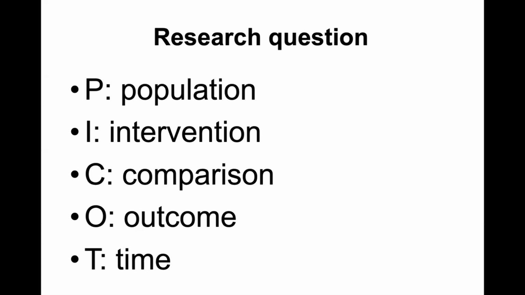PICO stands for population, then the I is intervention or independent variable of interest, and then C is the comparison of that intervention or the independent variable of interest, O is the outcome, and T is the time. Okay, we do have an example.